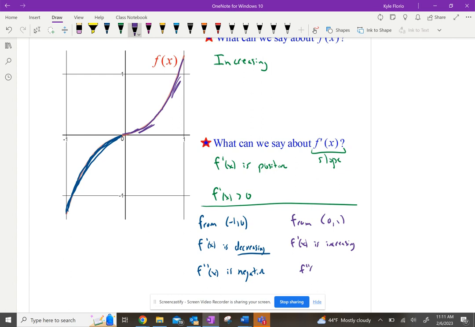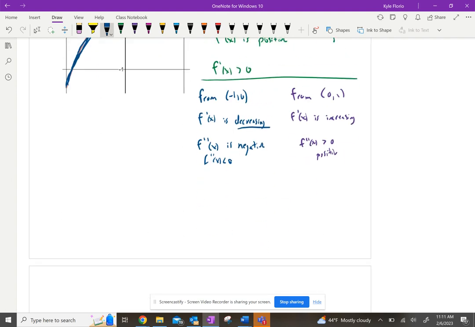If I took the slope of the slope, which is the second derivative, that's going to be greater than 0, positive. Over here, the second derivative would be negative, less than 0.